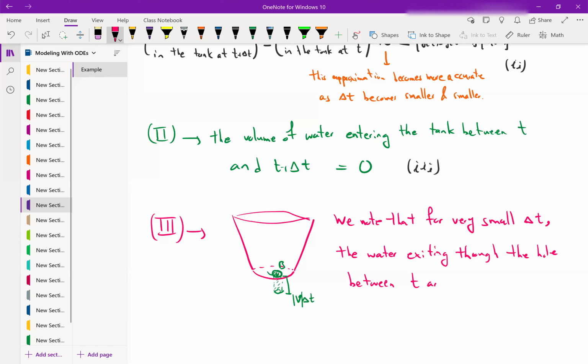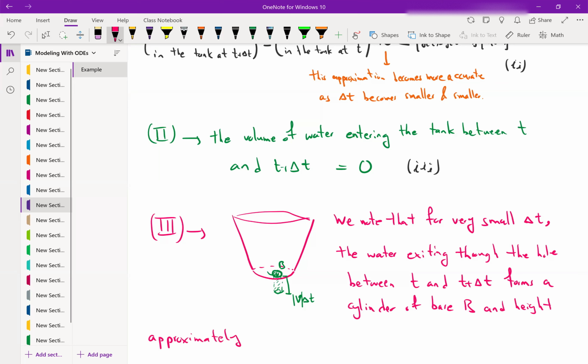t and t plus delta t, over the time interval from t to t plus delta t, forms a cylinder, this green cylinder that you see here, of base B, there is no question about the base, and height approximately, so this is the part that now I'm being careful about.